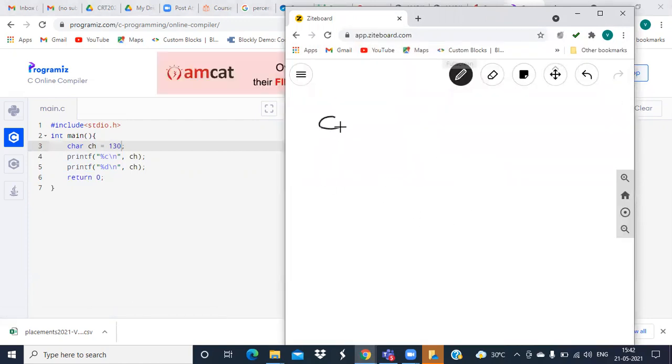Every data type in C is associated with a specific capacity of memory. Your character data type is going to get exactly 1 byte of memory. 1 byte of memory is nothing but 8 bits.